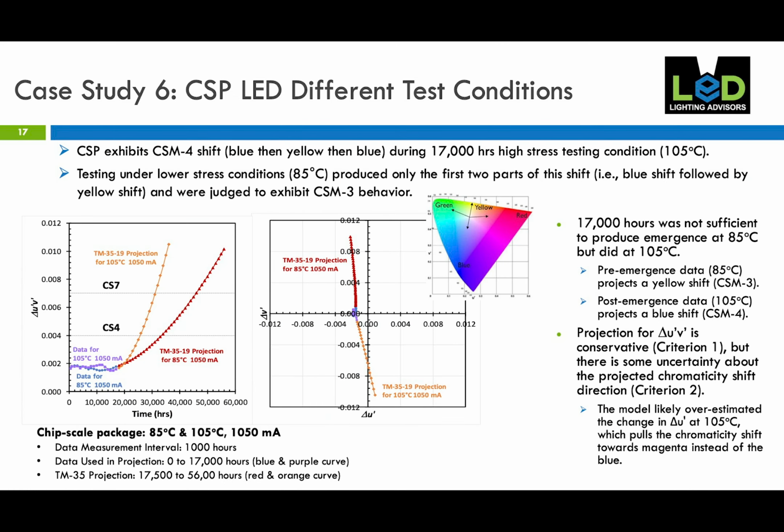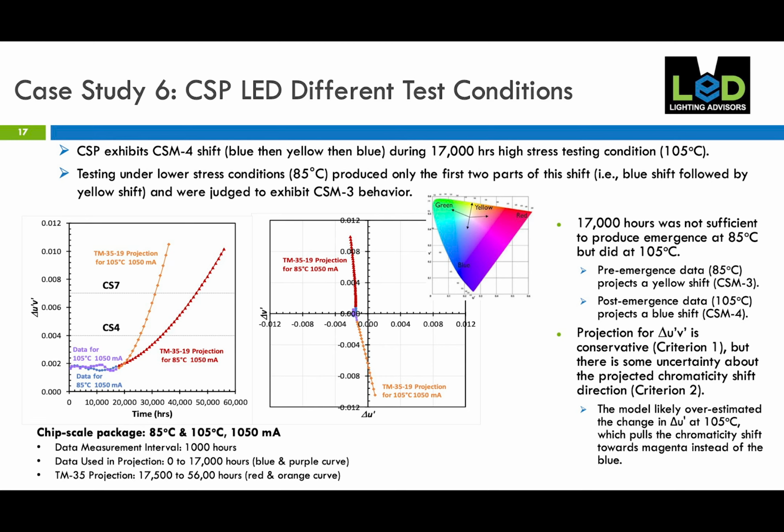And then finally, moving to our sixth and final case study, we looked at how the projections behave in a CSP LED tested under different stress conditions for 17,000 hours at 85C and 105C for 1,000 milliamp drive current. And we see the testing at different temperatures resulted in emergence being reached at 105C, but the LED was still in pre-emergence at 85C after 17,000 hours.